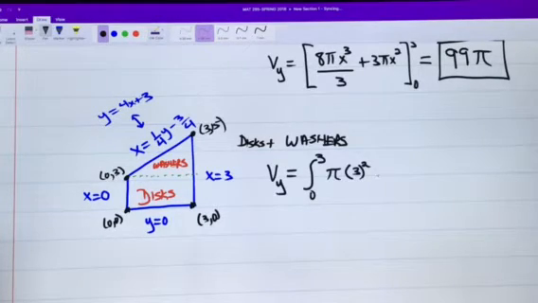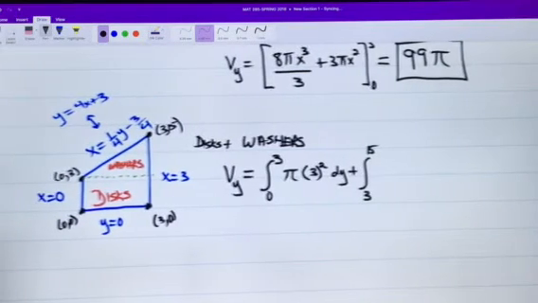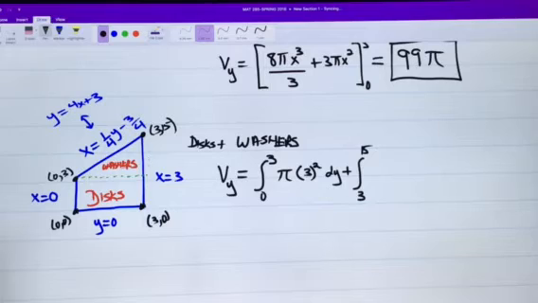And in the case of the washers, we'll be going from y is equal to 3 to y is equal to 15. The outside radius will correspond to x is equal to 3, and for the inside radius, you have 1/4 y minus 3/4, quantity squared.